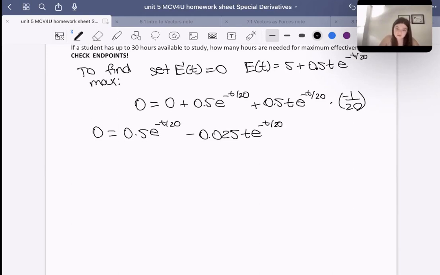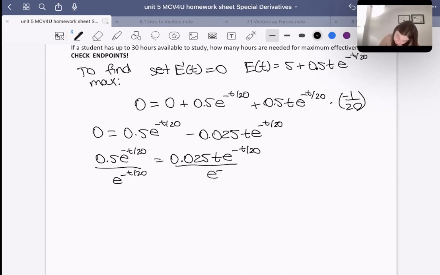So therefore, we're going to have 0.5 e to the negative t over 20 on the one side, and then on the other side we'll have 0.025t e to the negative t over 20. Now if we divide both sides by e to the negative t over 20, what could we get here? We could cancel that, and we get 0.5 equals 0.025t, which makes t equal to 20.